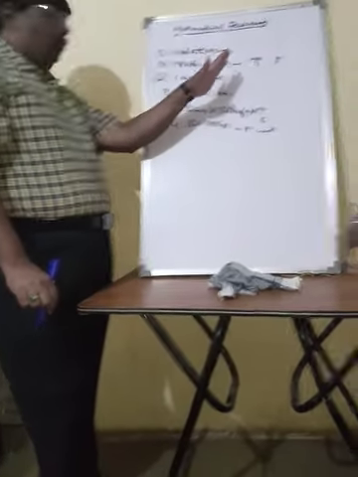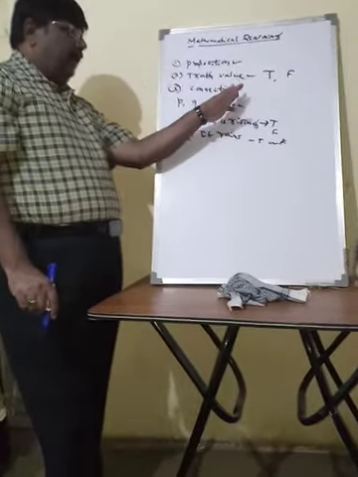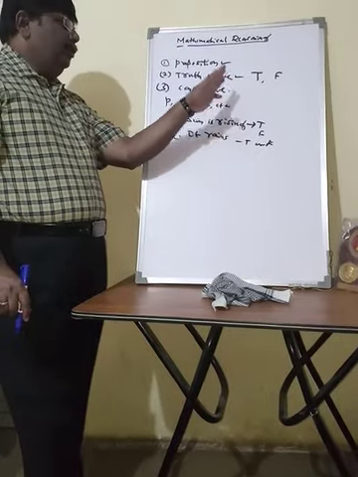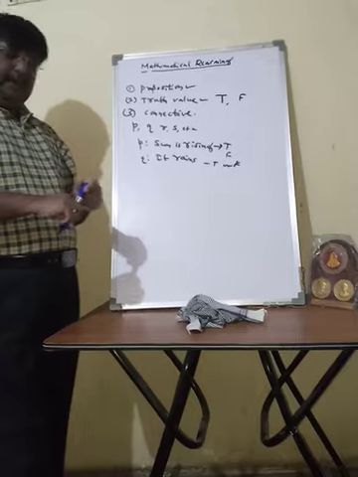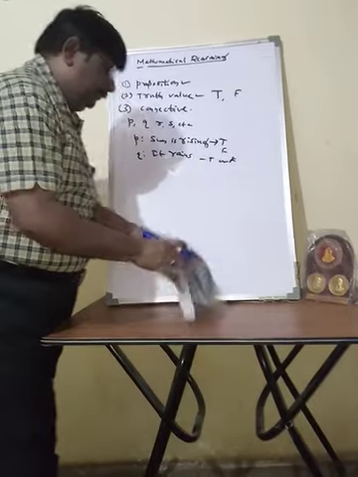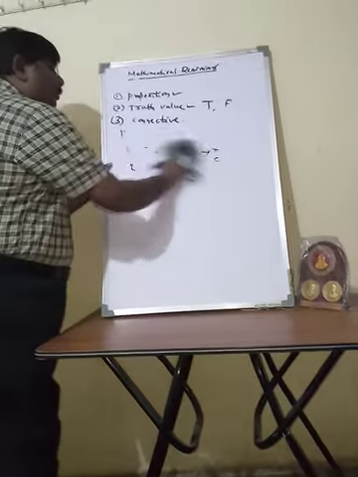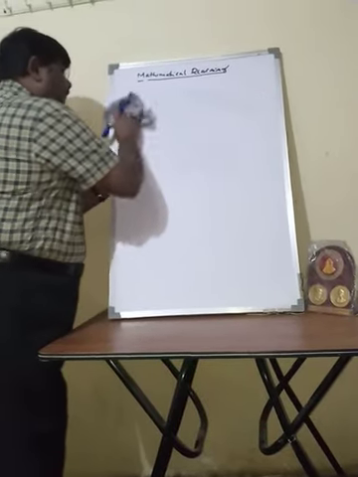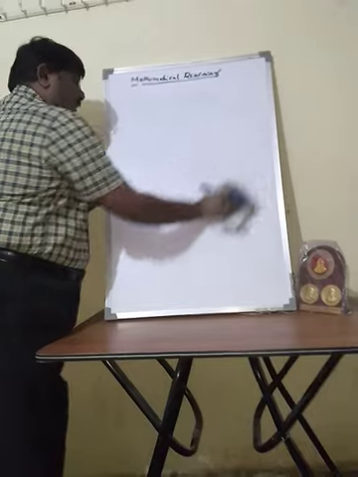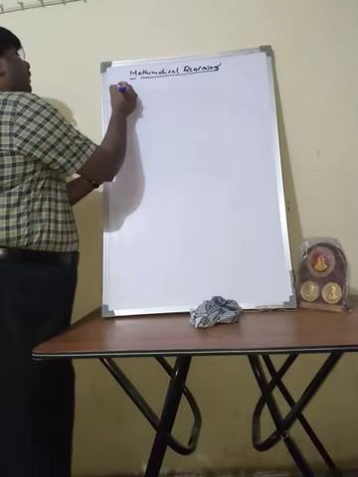Connective is a word which joins two simple propositions to form a compound proposition. There are basically four connectives.